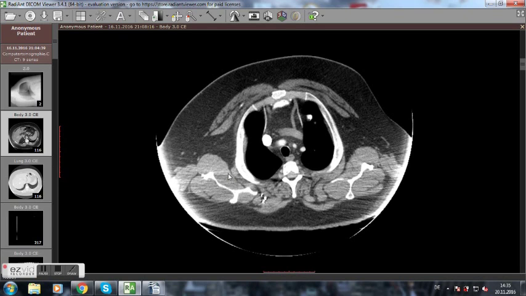So therefore, I would like to provide a service with video analysis and demonstrate the anatomical structures on the scans and outline the pathology so you can see it with your own eyes and maybe understand the pathology much better or understand the disease better.